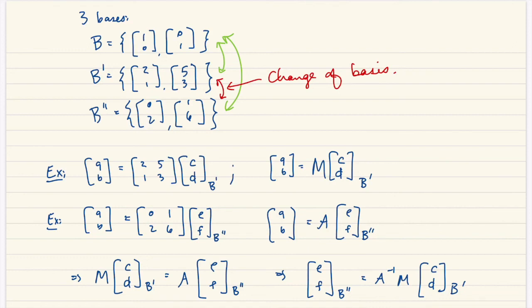No, everything's fine. So first we apply the transformation to get from B prime to B, and then from B to B double prime. Okay, and we end up with our formula there. There's our change of basis formula.